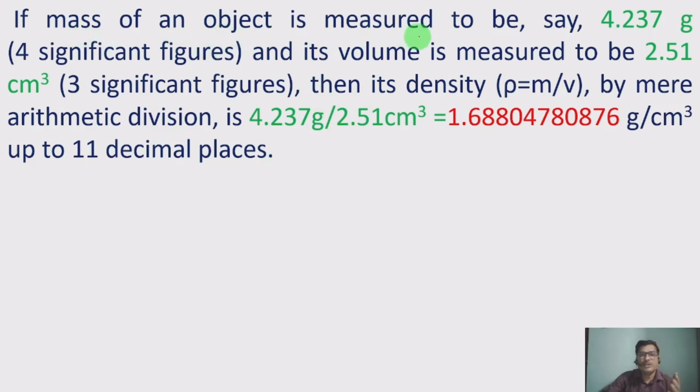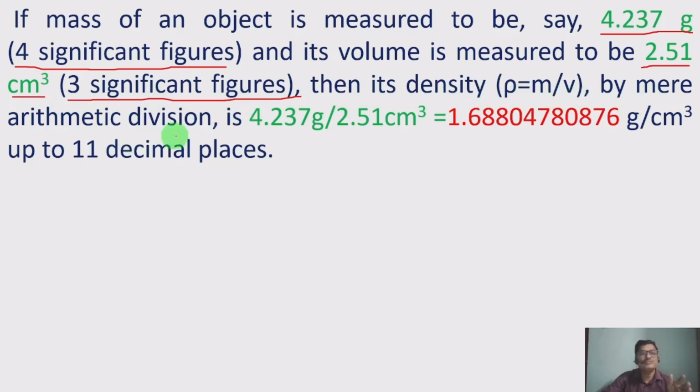If the mass of an object is measured to be, say, 4.237 gram, that is 4 significant figures, and its volume is measured to be 2.51 centimeter cube, which has 3 significant figures, then its density rho equals mass per volume.